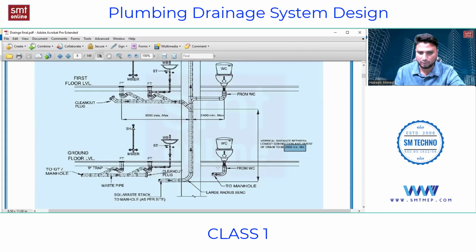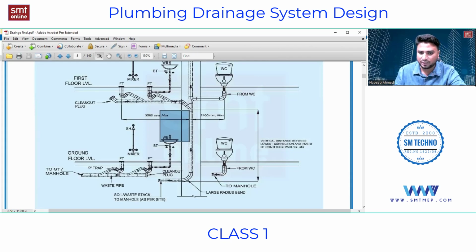In simple terms, what I'm trying to say here is, from this topmost fixture the distance to the invert level of the building drain pipe should be a minimum of 2500 mm or 2.5 meters. If it is there, then it's okay. Or else if it is not there, then you can't connect.